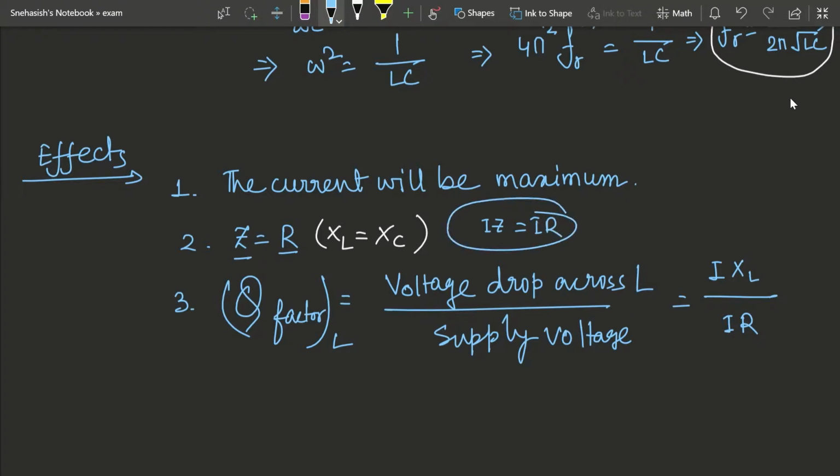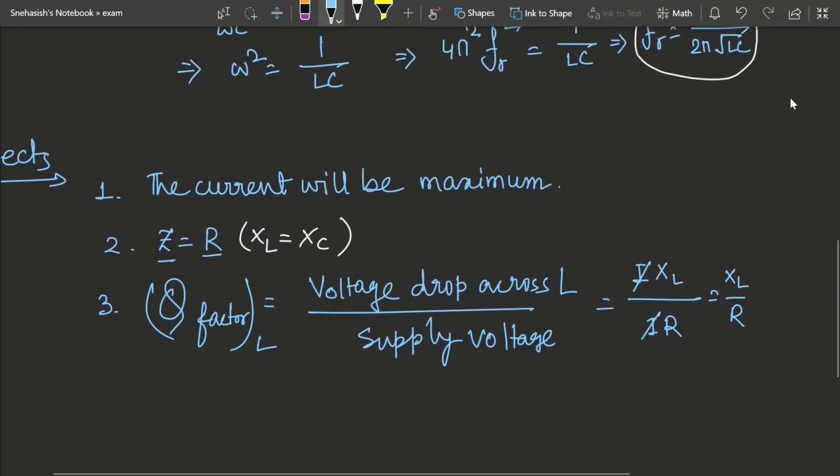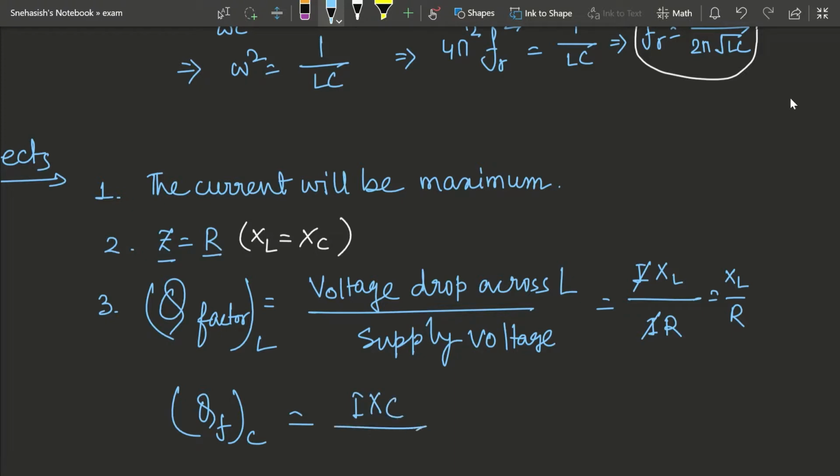Okay, so now the Q factor will be XL upon R for the inductor, and the Q factor for the capacitor will be IXC upon IR, which equals XC upon R.